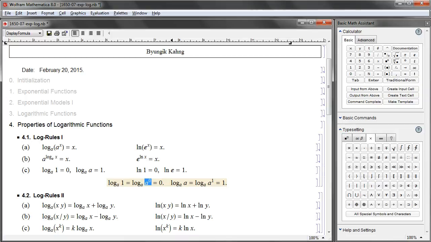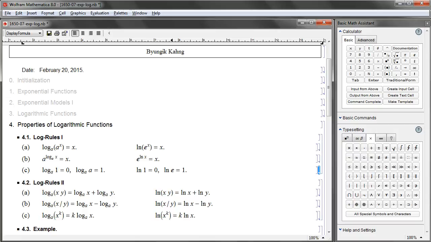So after cancellation, we have 0. How about the second one, log base a of a? This a is nothing more than a to the first power. So after cancellation, we just have 1. The cancellations are 4.1 a and b. They are just inverse functions, so inverse and original function cancel each other out.